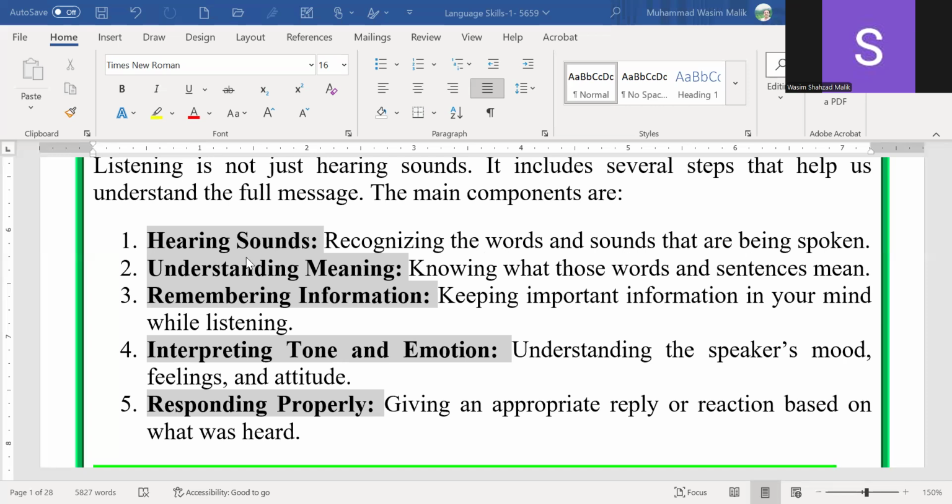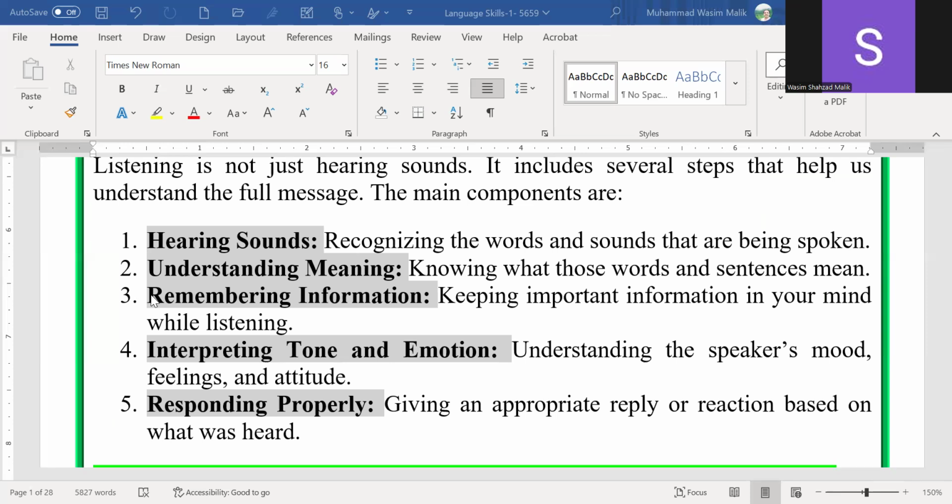When we say hearing sound, it means we have to recognize the words and the sounds that someone is speaking. And the second component is understanding meaning. We not only have to recognize the words, we have to understand the meaning, knowing what those words and sentences mean.